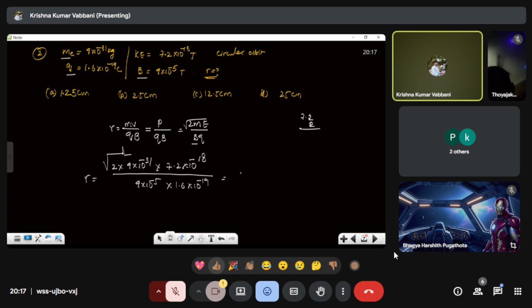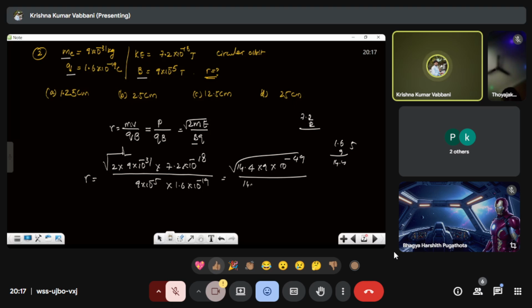So 14.4 into 9 into 10 times of 49, divided by 1.6, root.